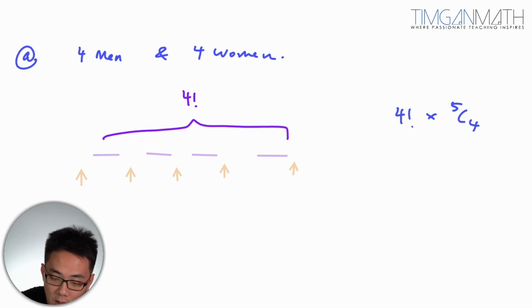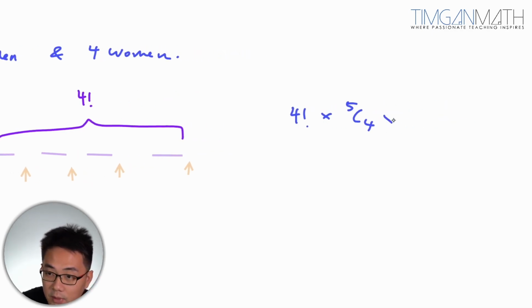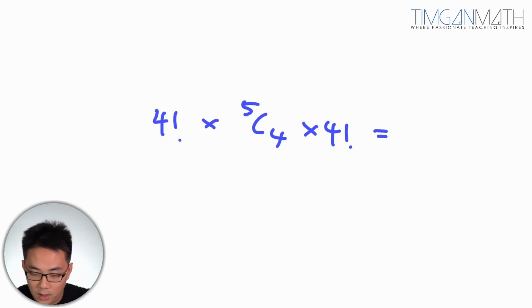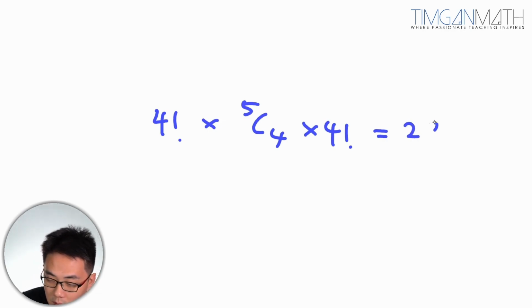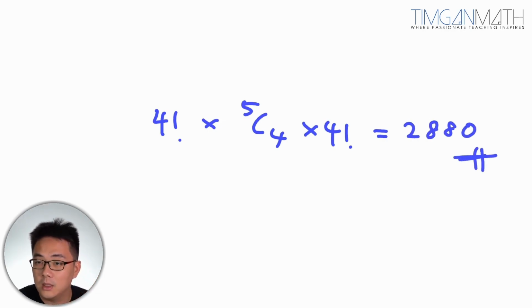Then among the men, you can arrange the men, which is times 4 factorial. So on the calculator, 4 factorial times 5 choose 4 times 4 factorial is 2880. Okay, so this is a pretty okay question.